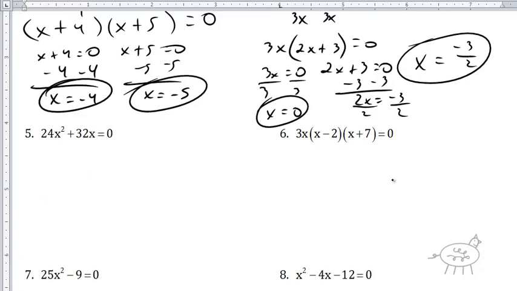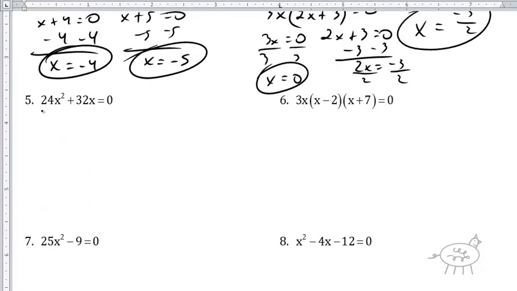Not bad. This next one's another greatest common factor, guys. Definitely we know we can divide by x. Well, what goes into 24 and 32 evenly? Actually, 8 does. So we're going to divide each of these by 8. It goes into 24 3 times and into 32 4 times. So that gives you 8x times 3x plus 4.